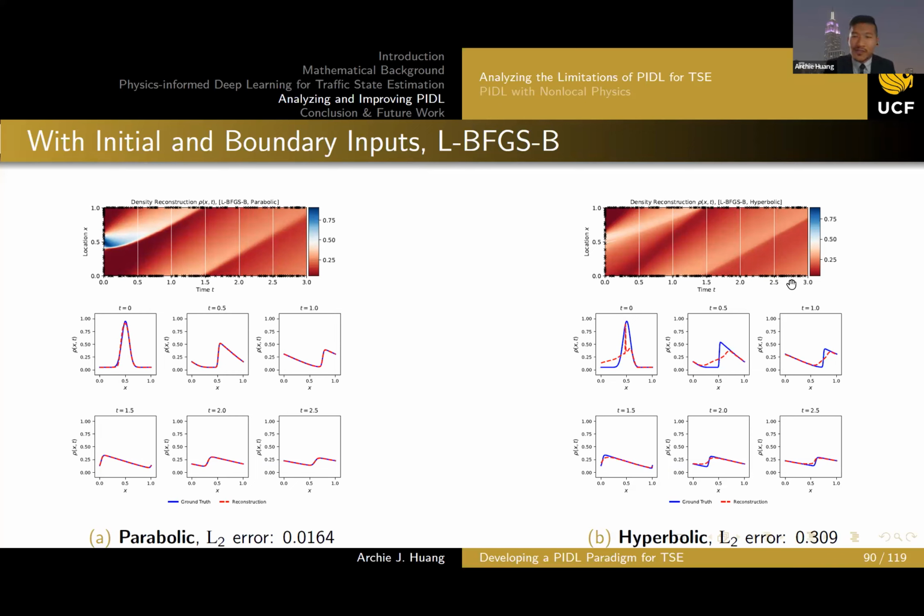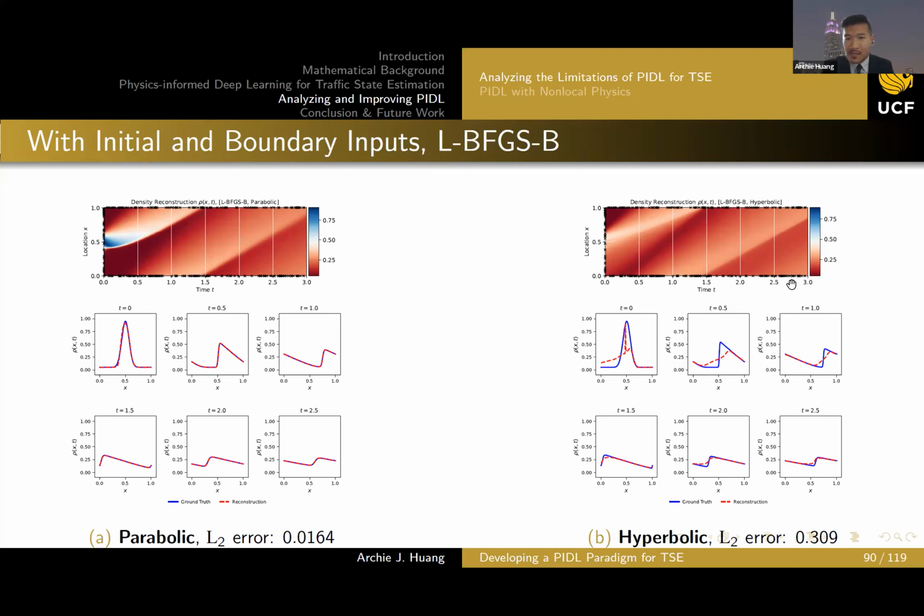We also observed that from the snapshots in these figures. If we look at the figure on the right, with the hyperbolic version, we really see that PIDL trained with the hyperbolic PDE struggles in reconstructing in the areas with data discontinuity or with shocks.